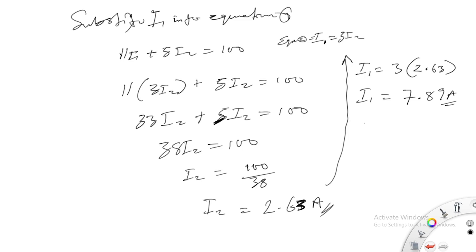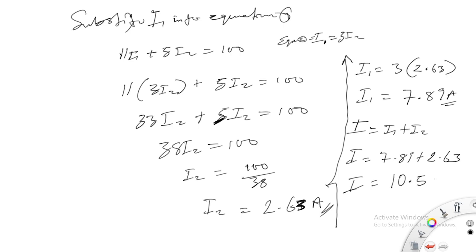So our total current would be I equals I1 plus I2, which is 7.89 plus 2.63. I total will be equal to 10.52 amperes. So this is our final answer.